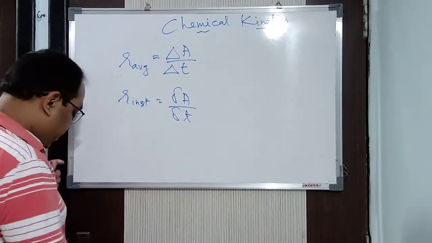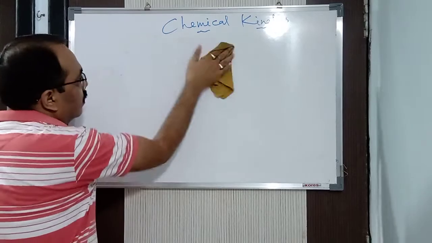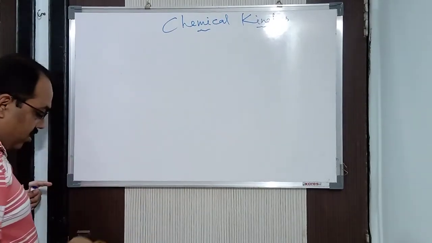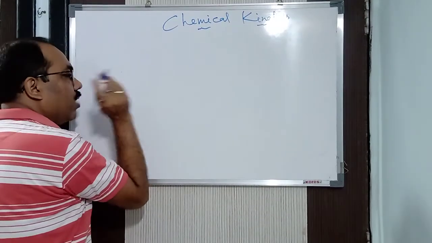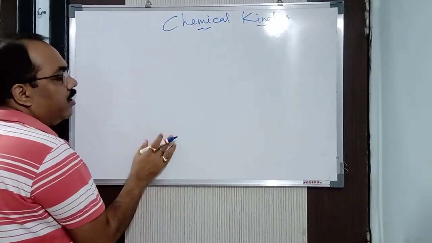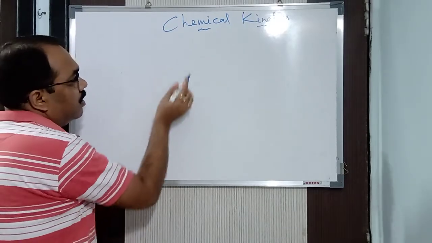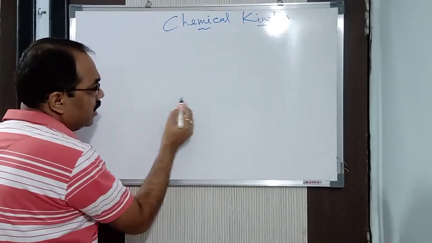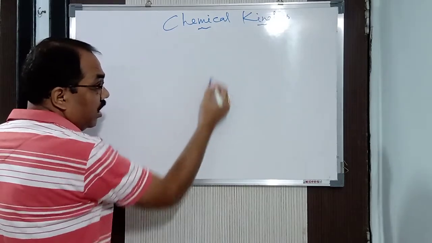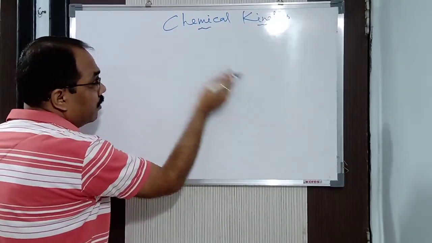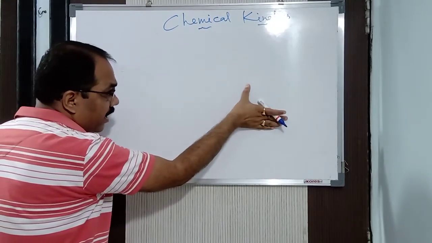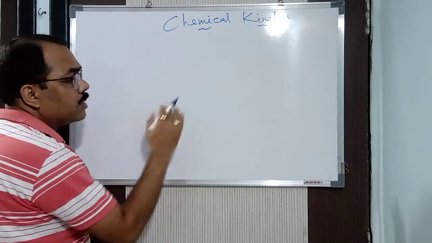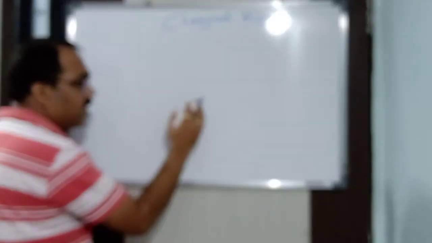Next, suppose a reaction is given, then how will you calculate the rate of reaction? Remember one thing while calculating the rate of reaction: there is a decrease in concentration of the reactant and an increase in the concentration of the product. You've seen the graph. The reactant species is consumed, so the concentration of the reactant decreases, and the product species is formed, so its concentration increases.